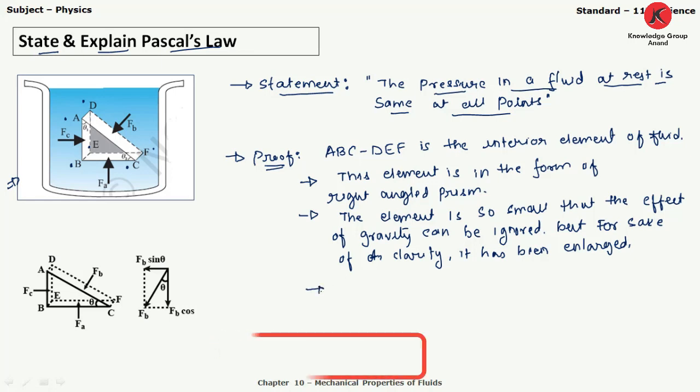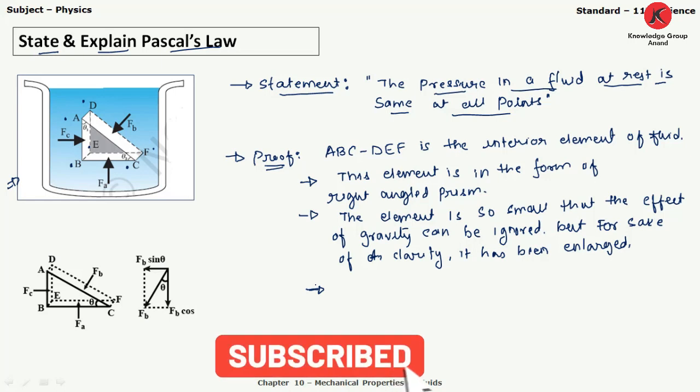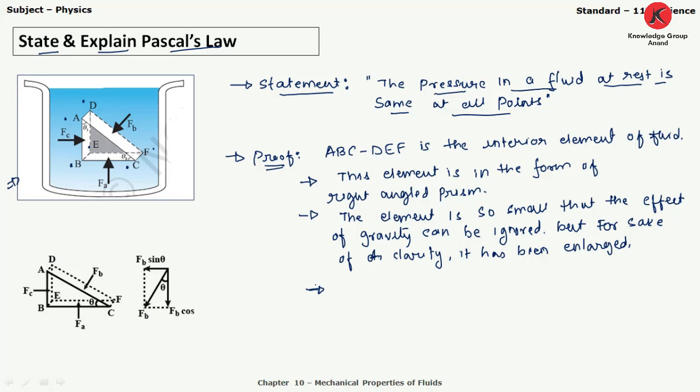So now let us prove Pascal's law. What do we have? Here we have different surfaces, right? Surface ADFC, yes, here it is, surface A, D, F and C. Now the second surface is surface BEFC, right?